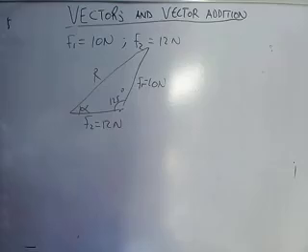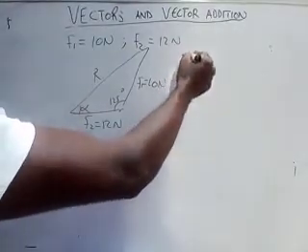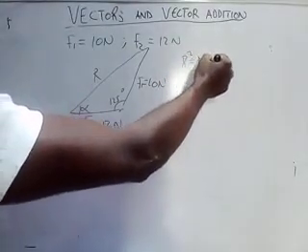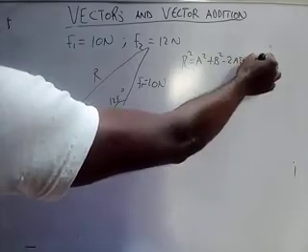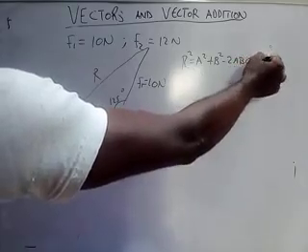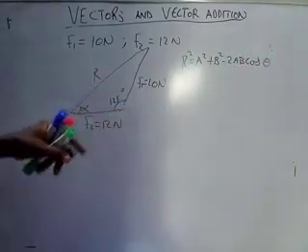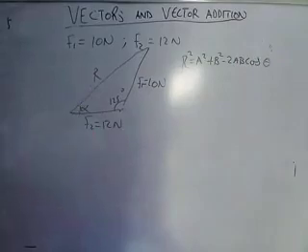Our cosine rule says R squared equals a squared plus b squared minus 2ab cos theta. Our theta is 125 degrees, and our a and b are F1 and F2.